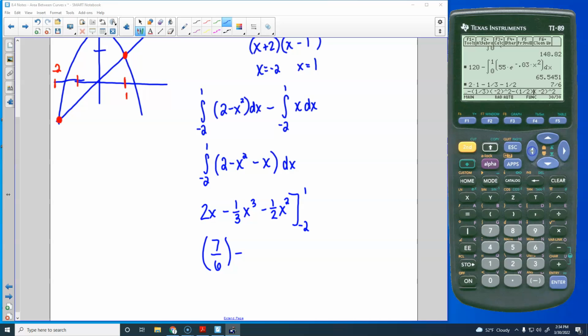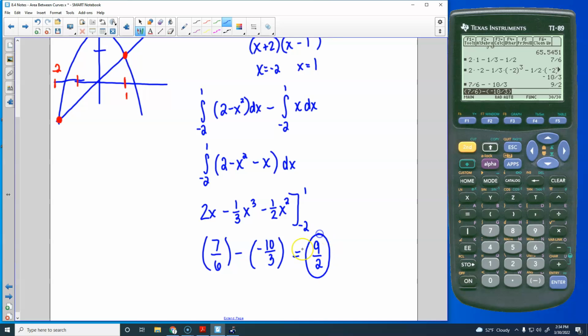Need a third power right here, don't I? All right, so I got -10 over 3, and then if I do 7/6 minus -10 over 3, we're going to get 9/2. That's our answer.